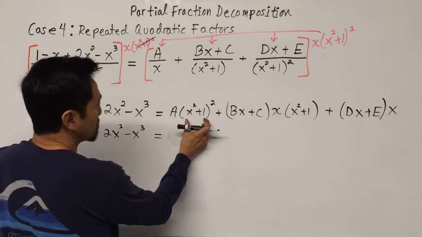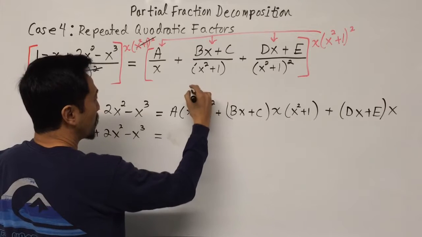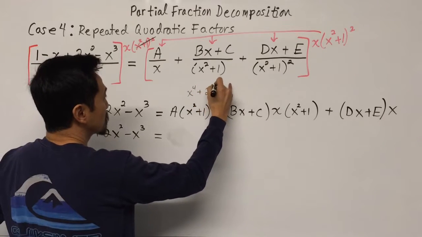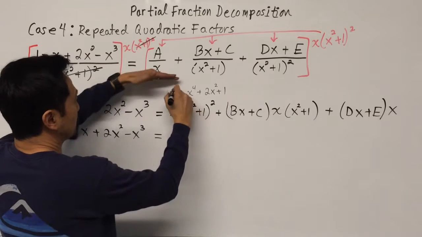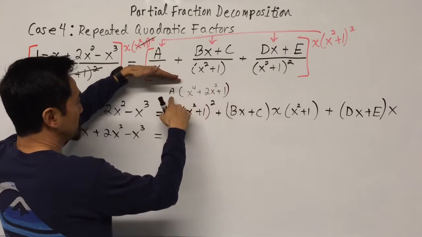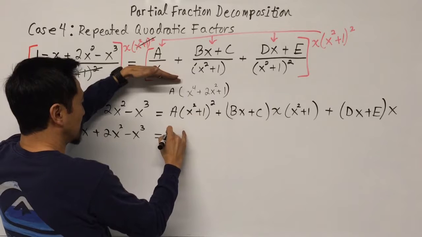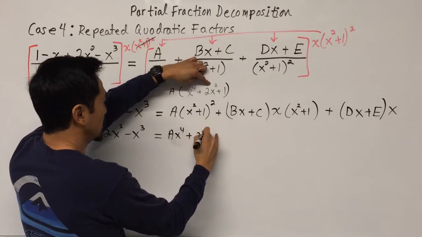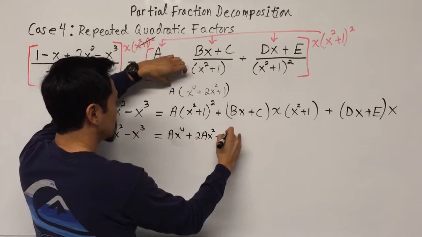I know that if I were to multiply this out with FOIL, I'd end up with an x to the 4th plus 2x squared plus 1. But then each of those terms has to be multiplied with an A. So it would give me Ax to the 4th plus 2Ax squared plus A.